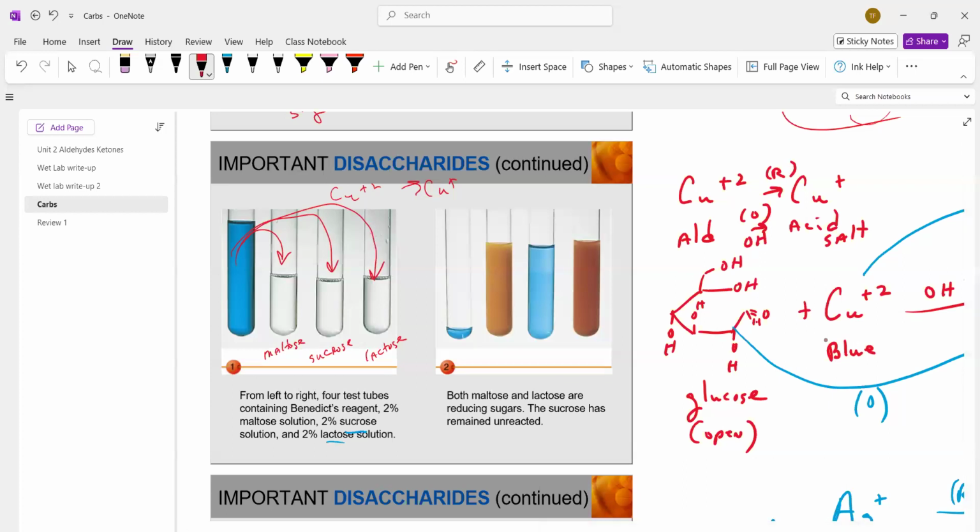So the maltose is oxidized and the copper plus 1 forms this orange precipitate here. So that's positive. And because sucrose is not a reducing sugar, it does not expose any aldehydes. So there's no way that the copper can be reduced to copper 1. So there's no reaction here.